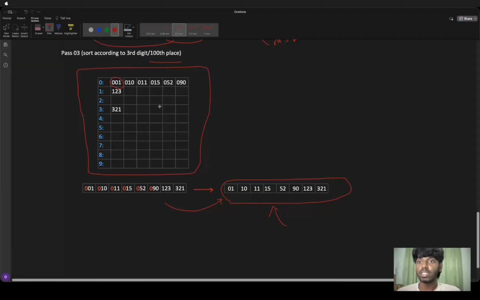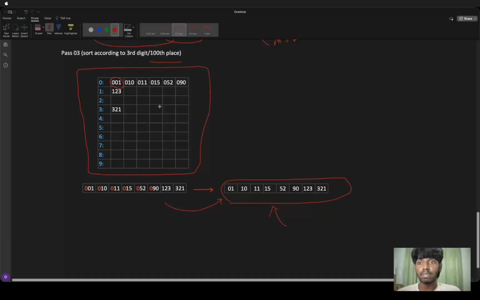Radix Sort is called a non-comparison based sorting algorithm because it does not compare elements with each other, like this number is bigger than that number. Instead it looks at individual digits of numbers and sorts them digit by digit according to ones place, tens place, hundreds place, likewise.